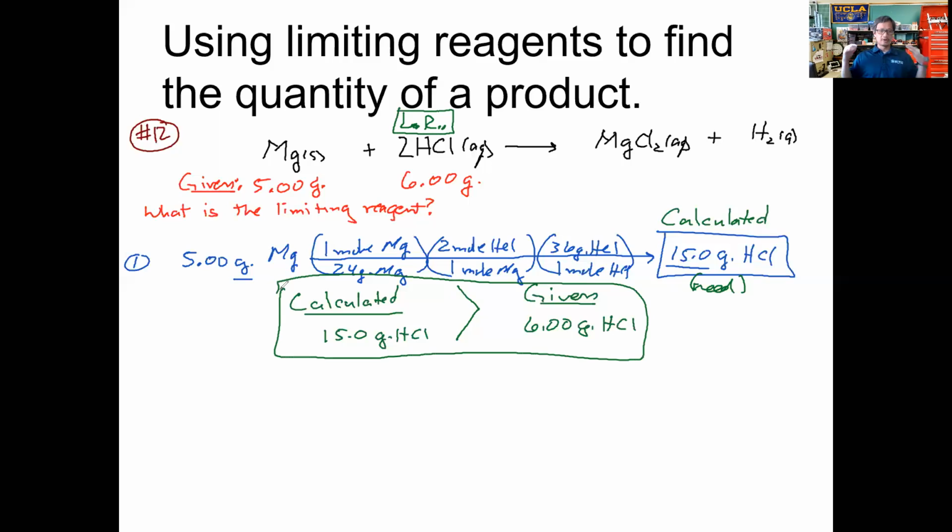All right, I'm out of time here, folks. For tomorrow, if you did both, you're fine, you don't have to do any more. But I did this calculation for you. If you did this one correctly, I want you to do the other one: if you had started out with 6 grams of HCl, how many grams of magnesium will you need?